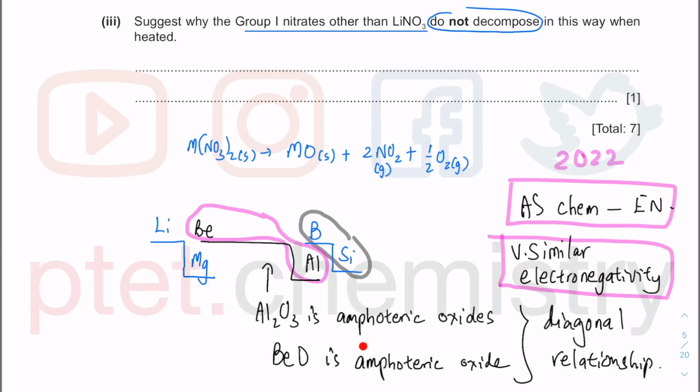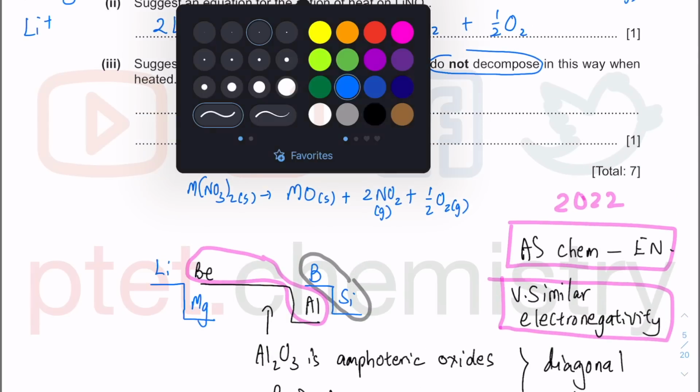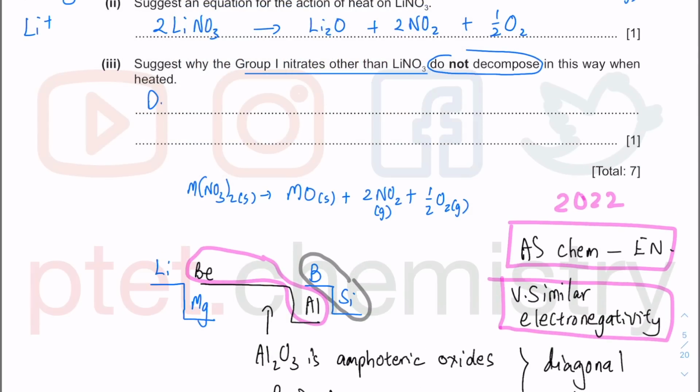So I stand corrected. I think it could be asked in the new syllabus as well. So we can say that because of the diagonal relationship, only lithium has a similar electronegativity.